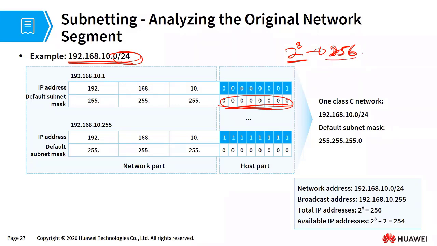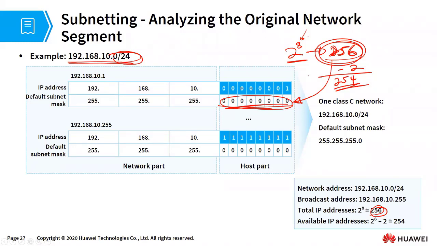How do we get the 256? The number of host bits as the power of 2 gives us the total host addresses. But these host addresses contain 2 that we can't use: the network address and the broadcast address. If we remove them, we have 254 usable addresses.